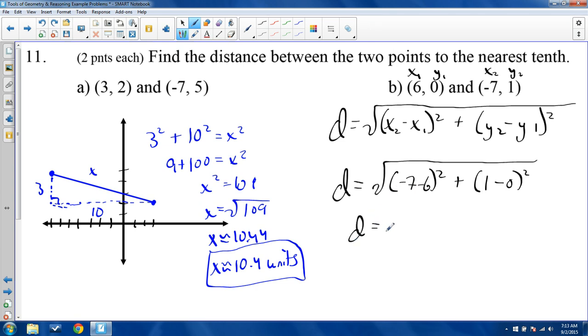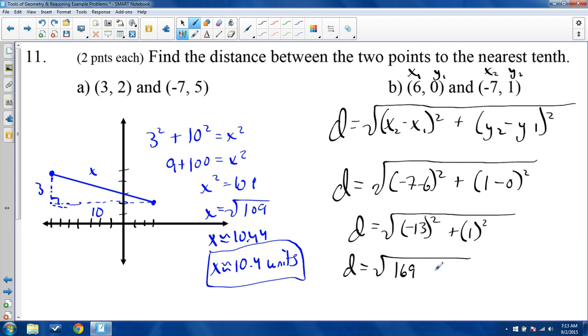Negative 7 minus 6 is negative 13. Now, if you're having trouble saying, well, wait a second, distance can't be negative, don't worry, we're going to square these values. And when you square negative 13, you will get positive 169. 1 squared is 1, so d is the square root of 170. So d is about 13.03.